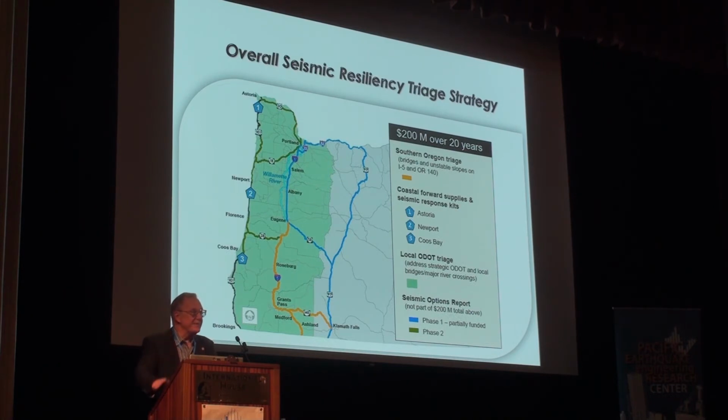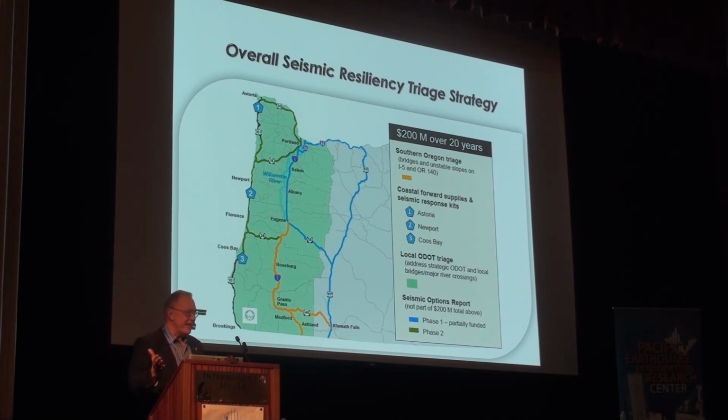But in 2017, for the first time ever, the Highway Department was given dedicated funding for seismic resilience. And a lot of that was the result of the studies that we had done and publishing this information and making it public, so that we had lots of support for doing that.